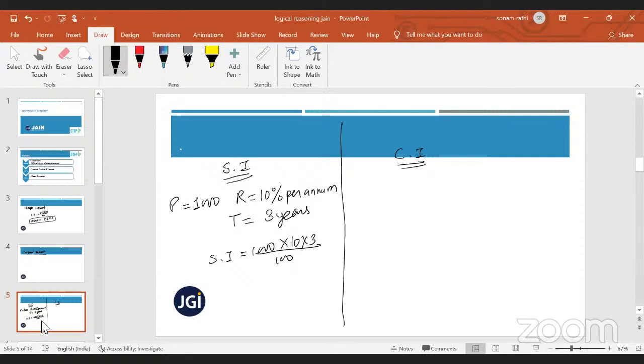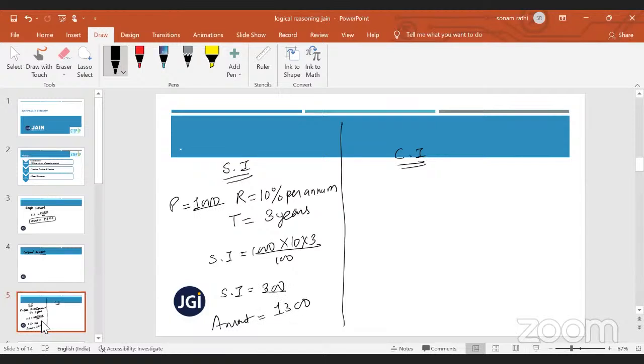So how much will be the interest? 300, right? Amount will be how much? 1000 plus 300, that is 1300, correct?